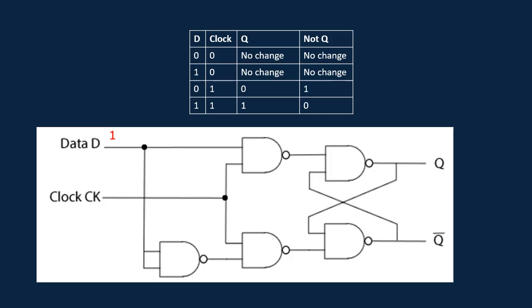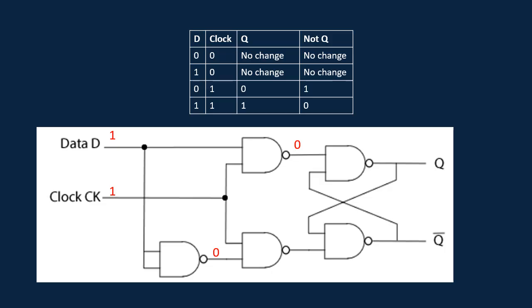So if we have a data value of an input of 1 with a clock of 1, then the bottom NAND gate has an output of 0. The top NAND gate will have an output of 0 as well, because you've got 2 1s here. 2 1s for a NAND gate will return you a 0.